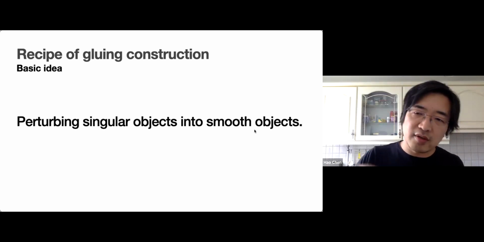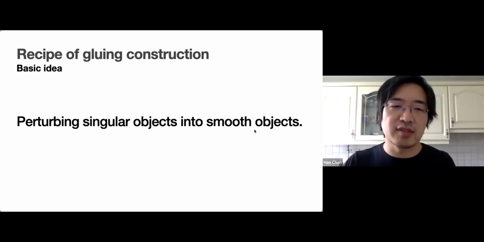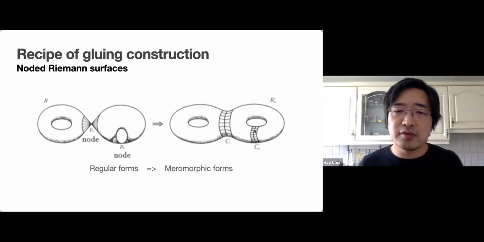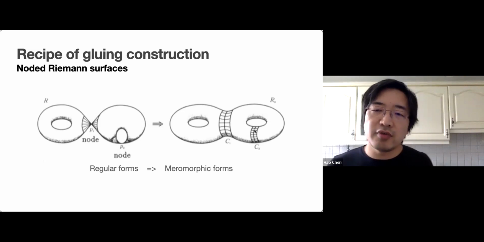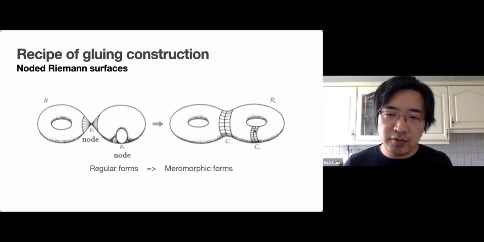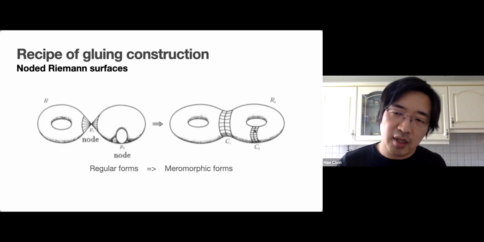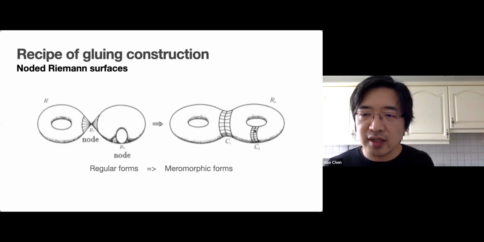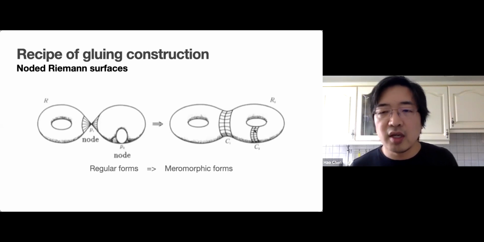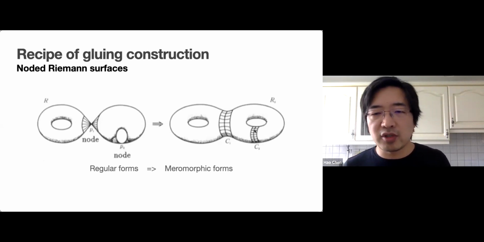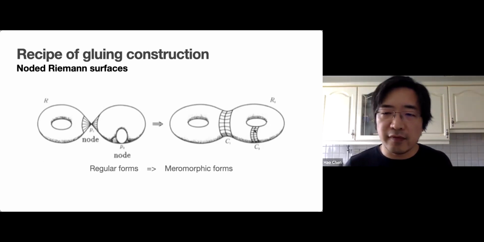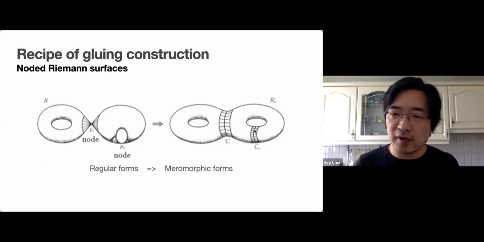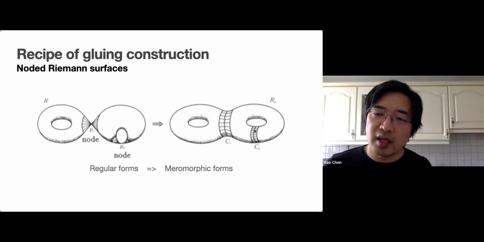So the first question is, what is a singular minimal surface here? To explain that, I need to introduce the notion of noded Riemann surface. So there are two ways to see it. First, you start with some punctured Riemann surfaces, and then you identify the punctures. So one puncture is identified to the other, and they are identified into the so-called nodes. So the singular points after identification are called nodes.